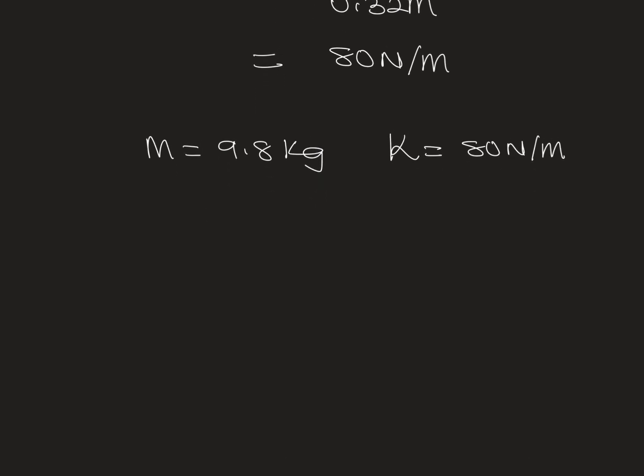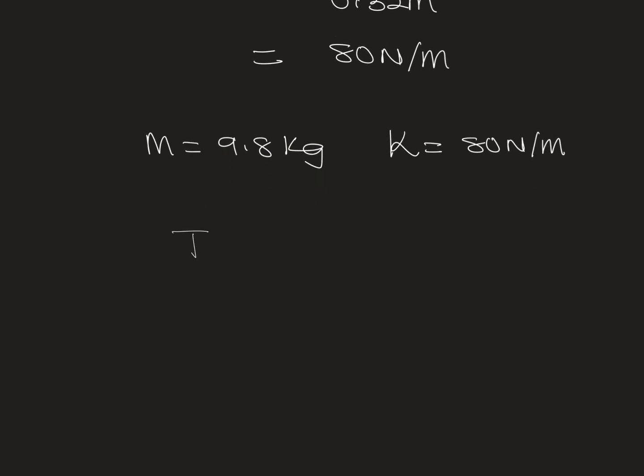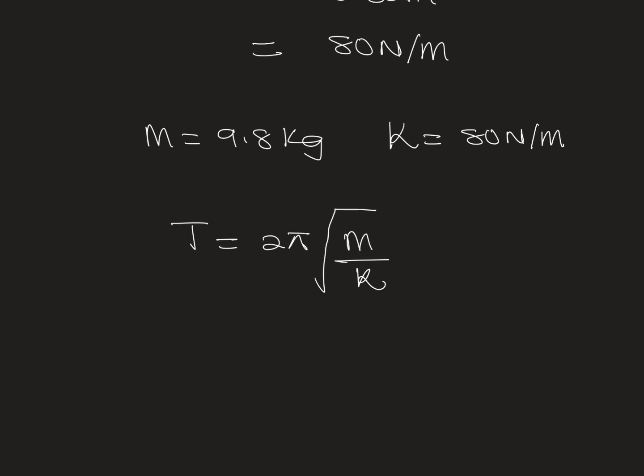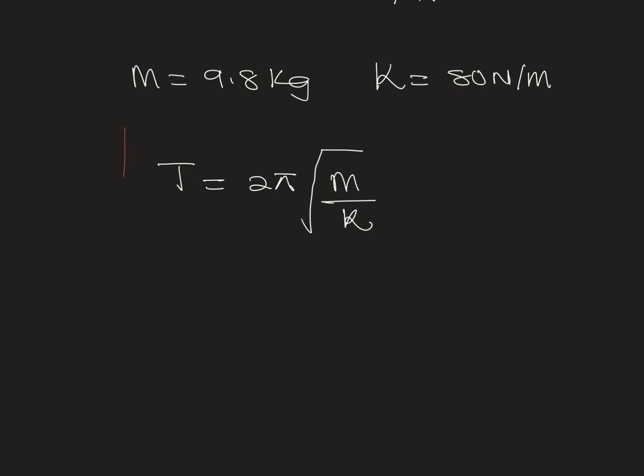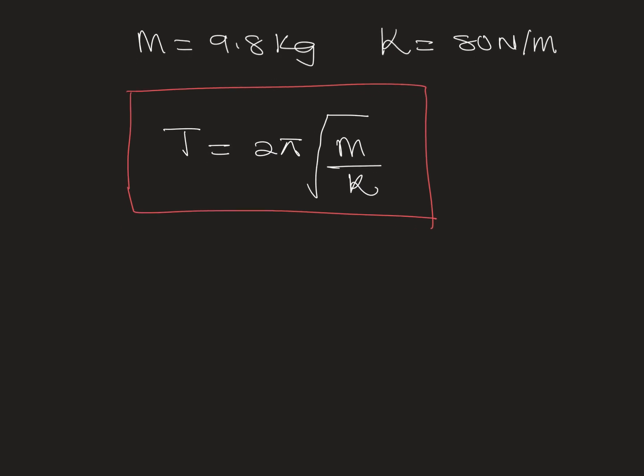With this information, how do we find the period? The period is equal to 2 pi, the square root of the mass divided by the spring constant. So that is the formula that you should remember. The period is equal to 2 pi, the square root of m divided by k.